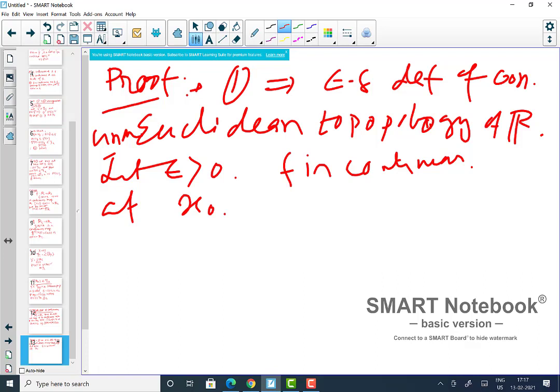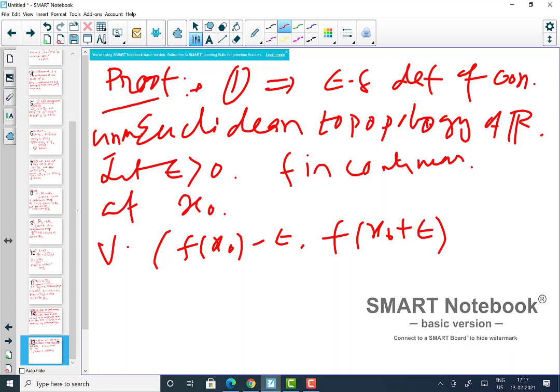Okay, then by our definition, what do we know? We know that there exists an open interval. So I am choosing the open interval f of x naught minus epsilon to f of x naught plus epsilon, an open interval in the equivalent topology. This is my V. This interval contains the point f of x naught, so f of x naught belongs to V, right?